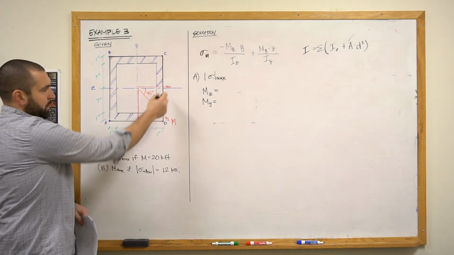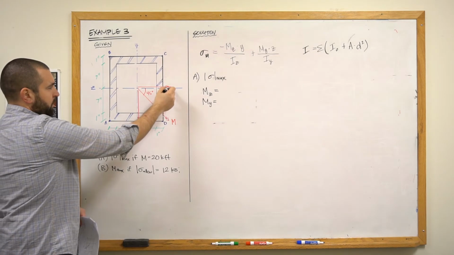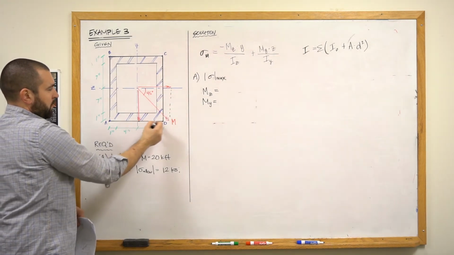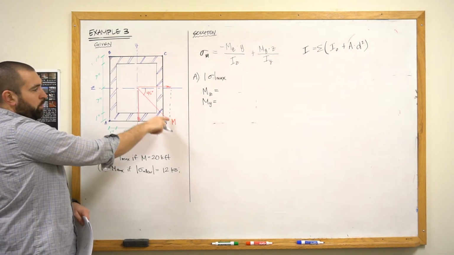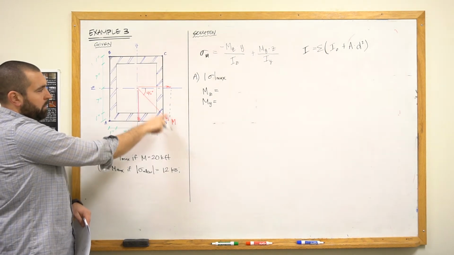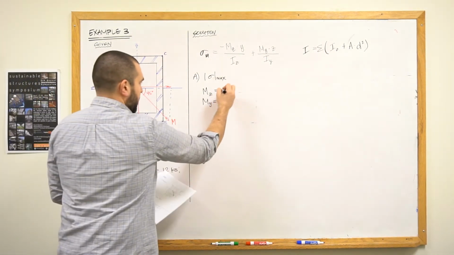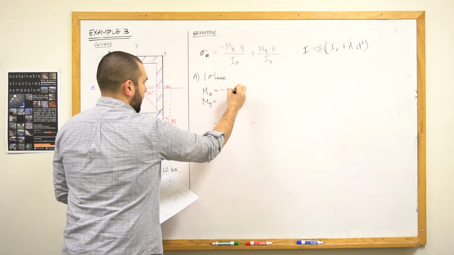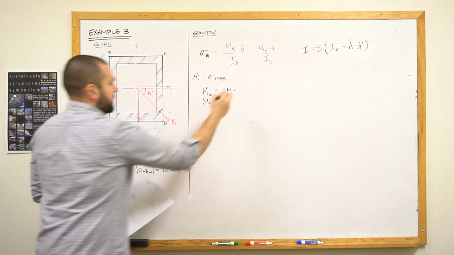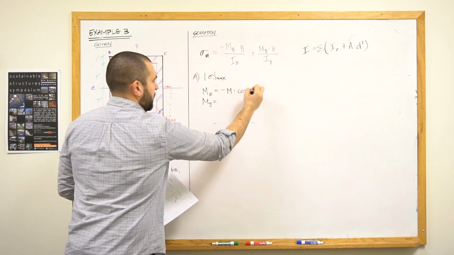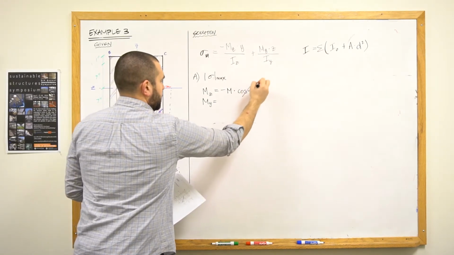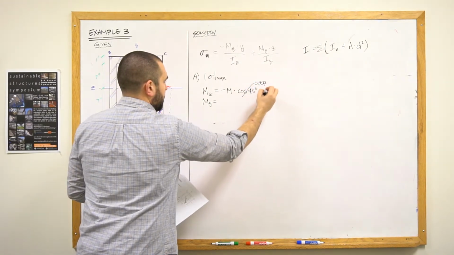Other than that, it's simply some trigonometry. The horizontal component will be this hypotenuse M times cosine of 45. So Mz equals negative M times cosine 45. Cosine 45 is just 0.707.